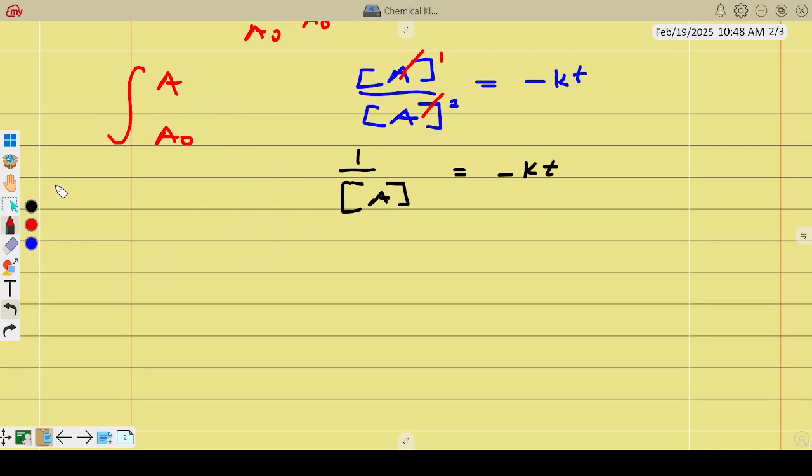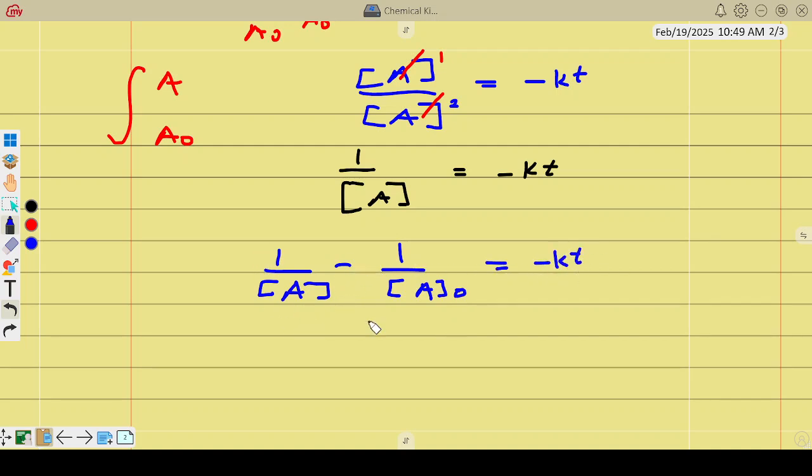So we have to split this: it's going to be 1 over the final concentration minus 1 over the initial concentration. There's no mathematical sense here, it's just to know.